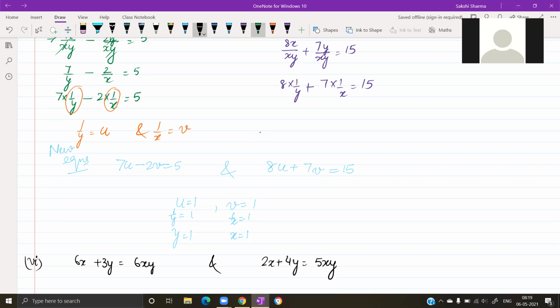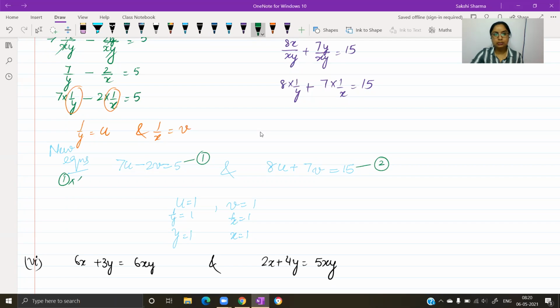Yes, ma'am. Let's say this is the new equation 1. This is the new equation number 2. So if you want to eliminate the term containing u, we'll multiply it with 8. This becomes big, but let's do it.